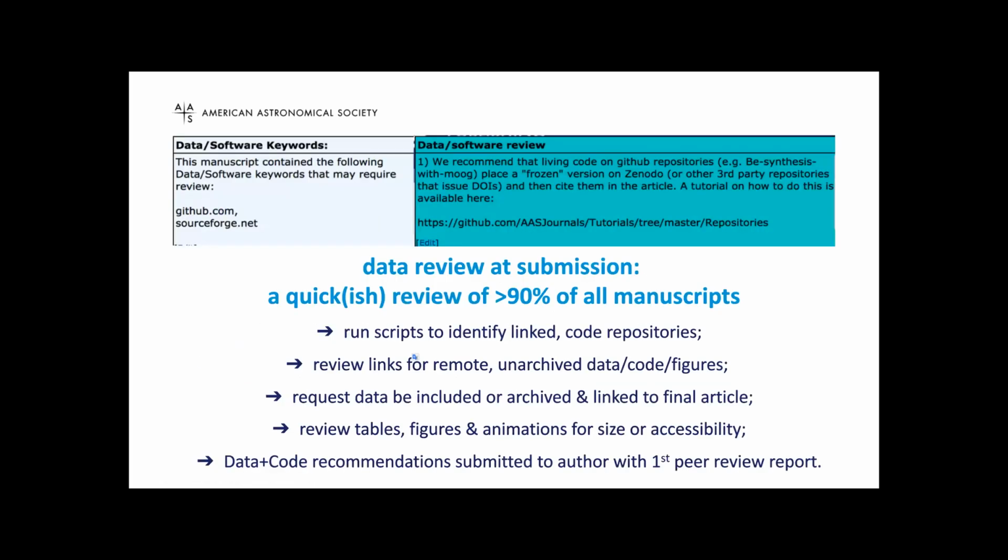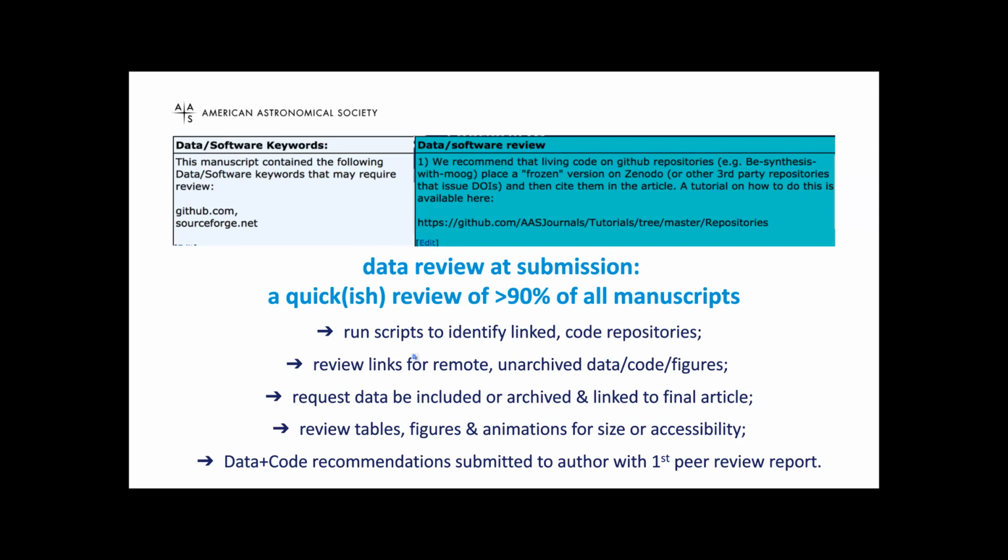So this is data review. I just wanted to give a list of the things that we look for when we're doing this initial review. We have some tools in our submission system that let us pluck out terms from articles, so we know which ones to look for. We look for links to data. We make requests, like why is that in Dropbox? Why is that not in a repository?